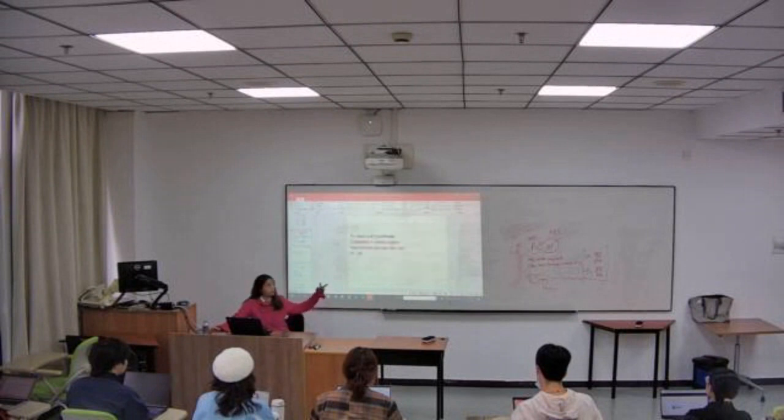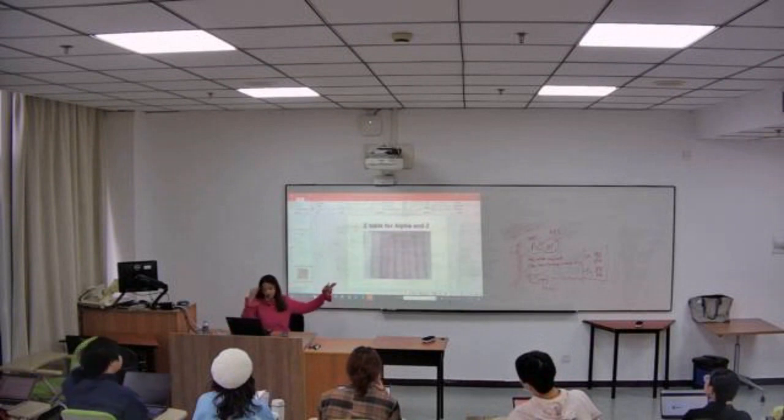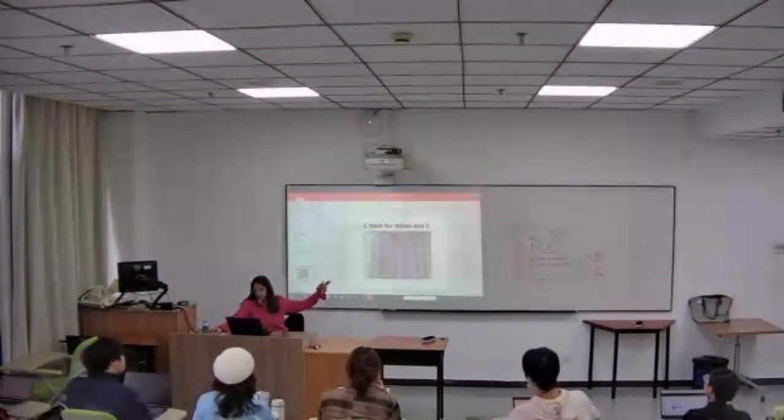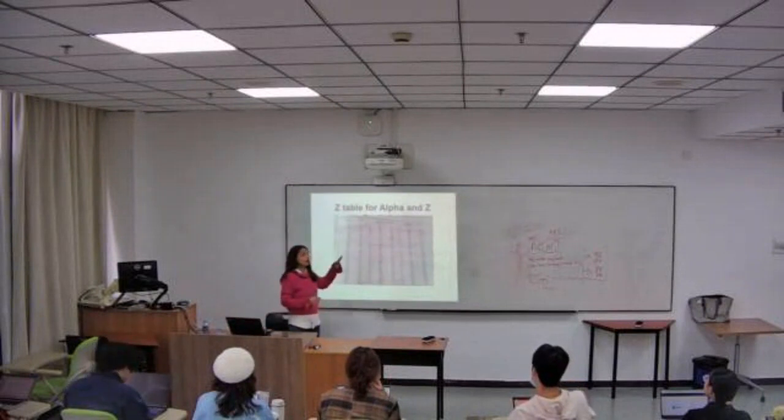So here, if the Z statistics is more than the critical region, you can also say P is less than 0.05, and this is the table. Remember, I've given you the table. You can find this table anywhere, in any research method book at the back. You can also find this table on the web.